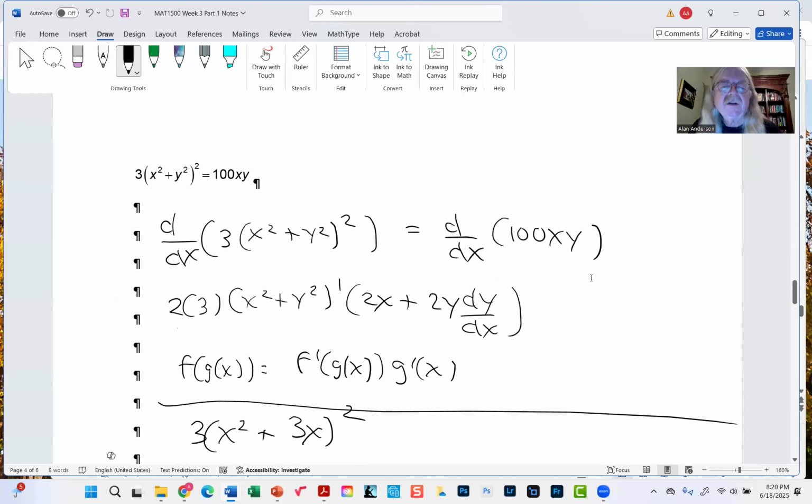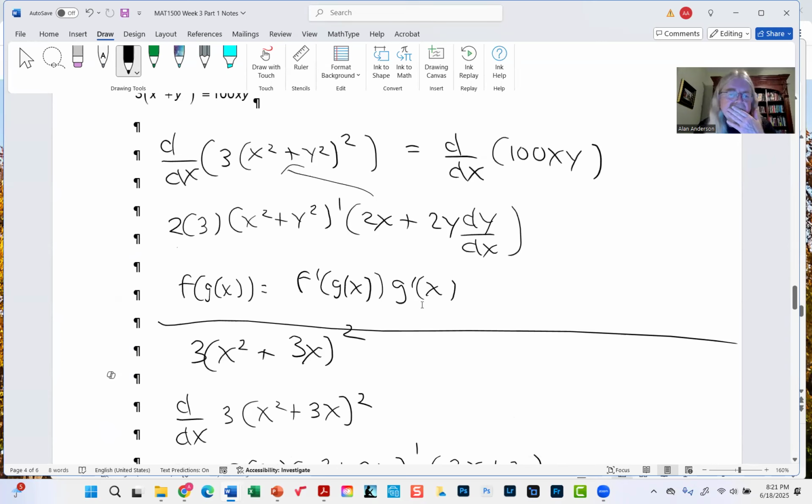So here we have the 2 times the 3, x squared plus y squared to the first power. And then what you're seeing here is the derivative of what's inside these parentheses. But of course, the y squared has a derivative of 2y dy dx. That's why it works out that way.